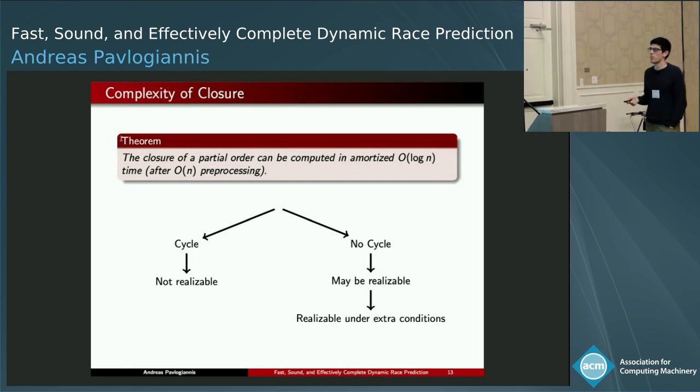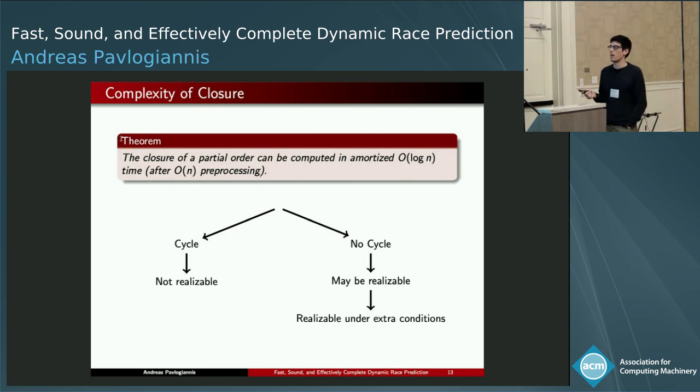So the next step in this process is to try to identify some additional conditions under which, once you reach this point, you can guarantee that your partial order is realizable.